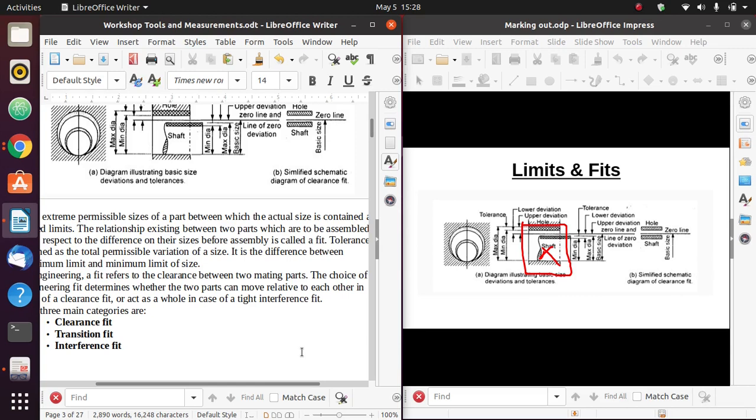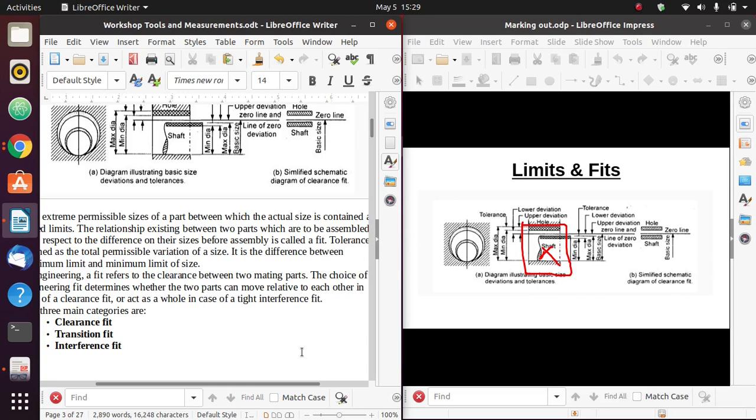So we say that our actual size of 10 centimeters will be in between plus or minus 1. So you find that the maximum permissible size is 11, and the minimum permissible size in this case is, let's say, minus 1 centimeters. Those extreme limit, permissible sizes that contain the actual size that we want, are what we refer to as limits.